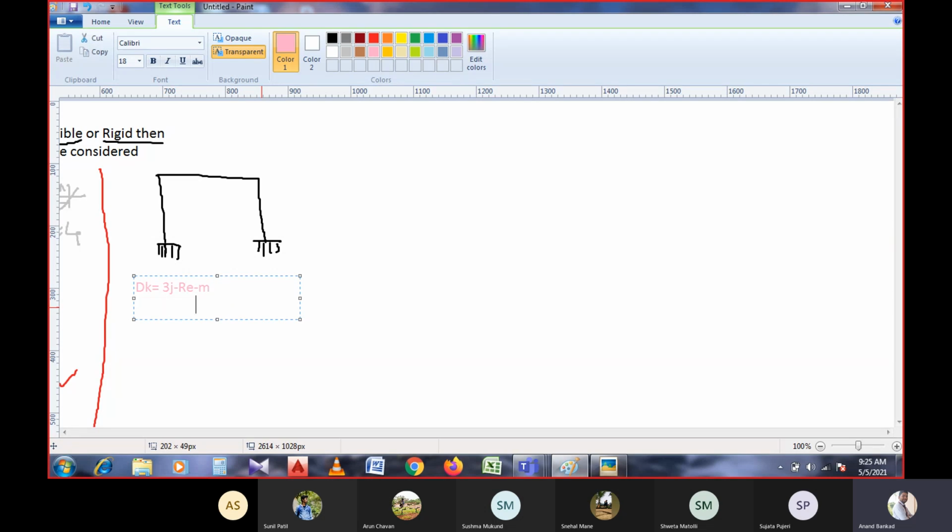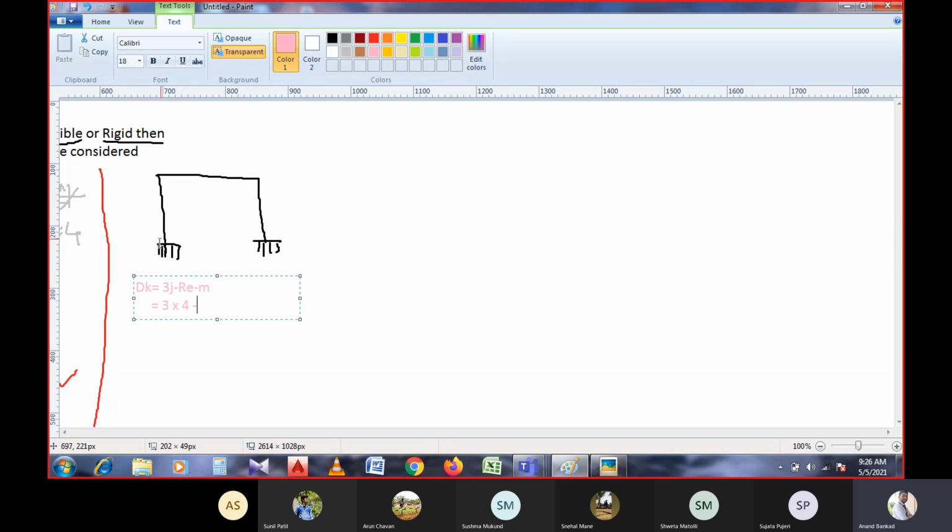So if you write the equation, consider 3 numbers of joints. How many joints are there? 1, 2, 3, and 4 numbers of joints. And how many external reactions are there in the frame? 6 numbers.